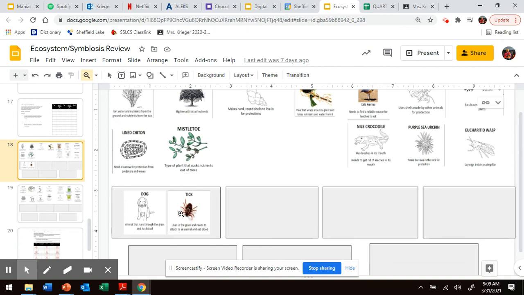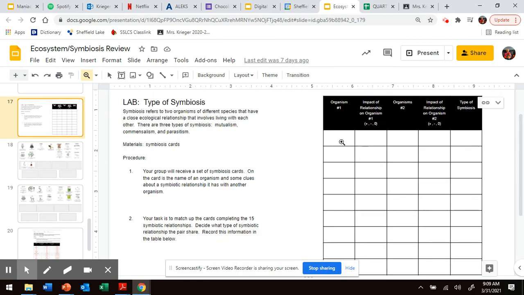It's probably going to annoy or bother that dog, right? So this would be an example of parasitism. Then I would go back to slide 17 and write organism 1, dog, organism 2, tick, and it is a negative relationship. Or again, just write parasitism, or a P there for parasitism.